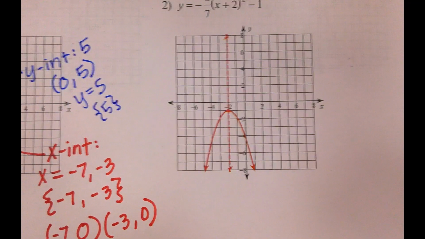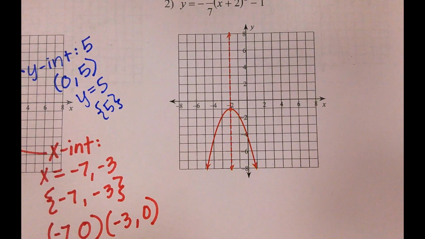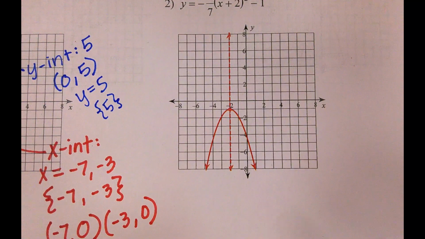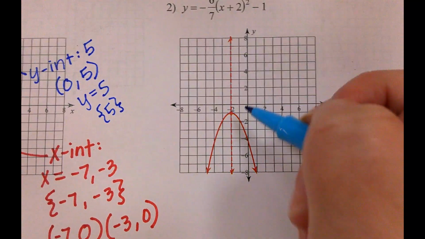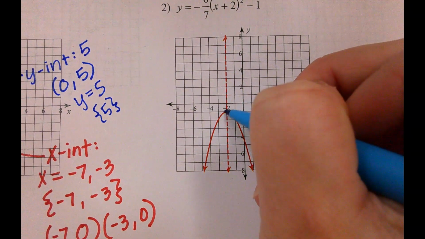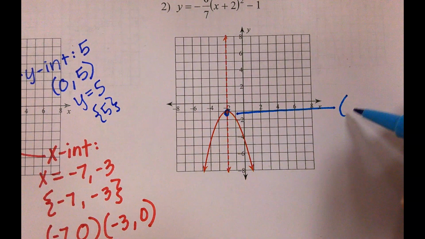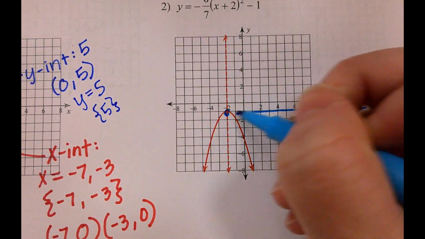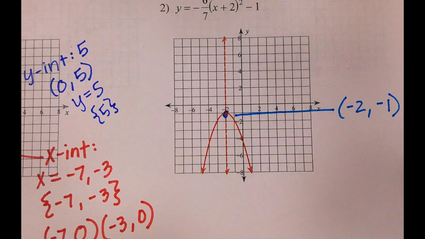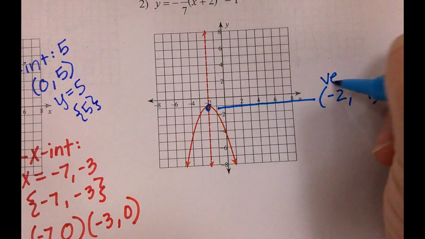First, what is my vertex? -2, -1. Yes, right here, that's my vertex. It lines up with -2 on the x-axis and -1 on the y-axis.